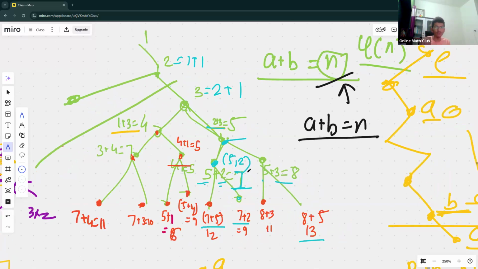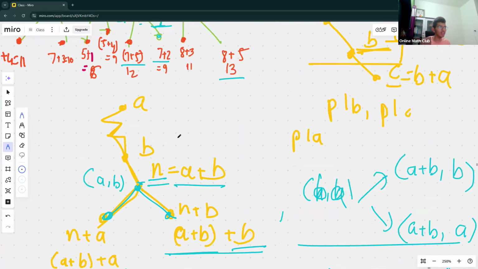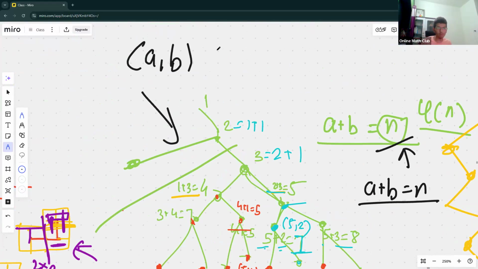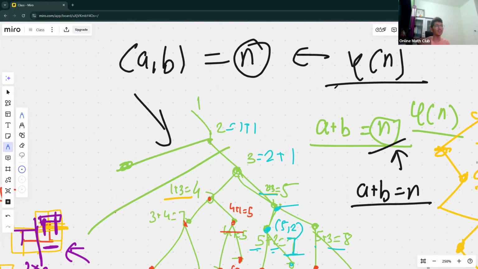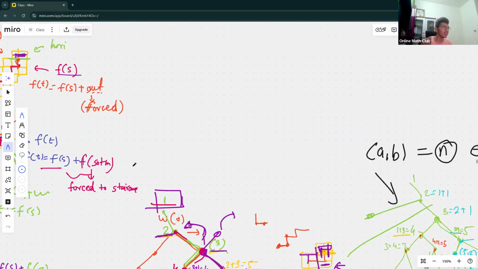So the Euclidean tree has every pair (a, b) that is co-prime with sum n, and the total number of times n comes is phi of n. That's why the total number is phi of n.